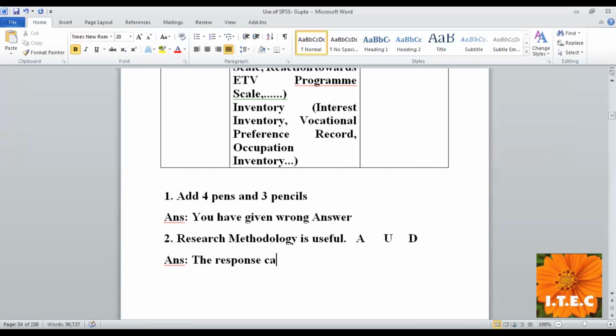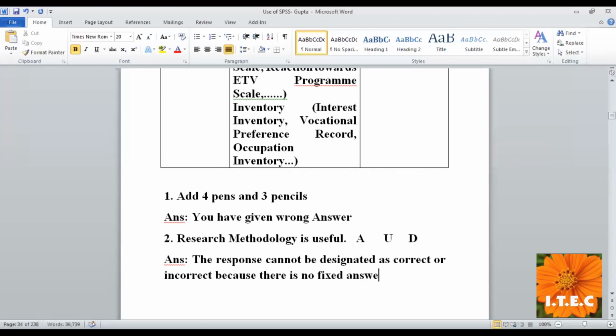The response cannot be designated as correct or incorrect, because there is no fixed answer. Now, I have given the wrong answer.